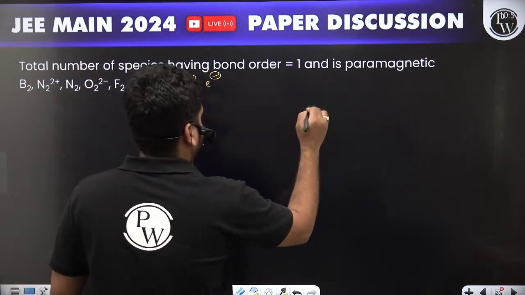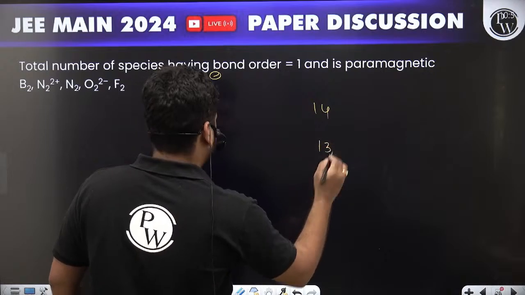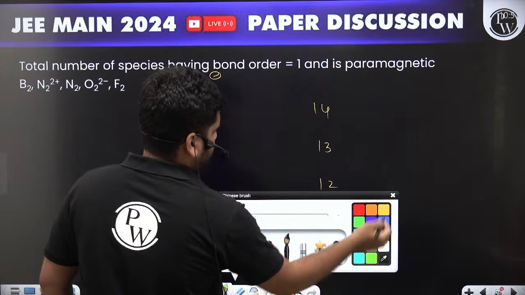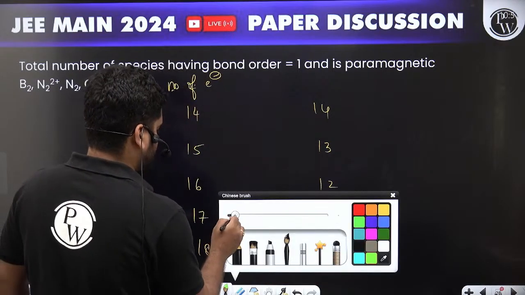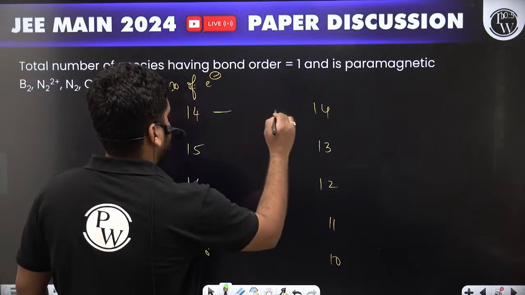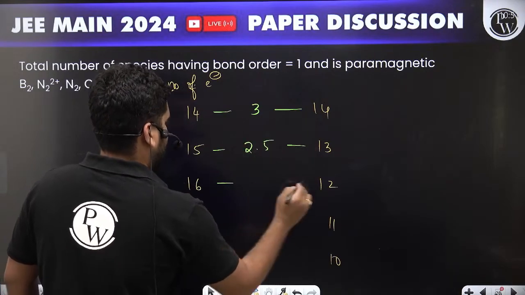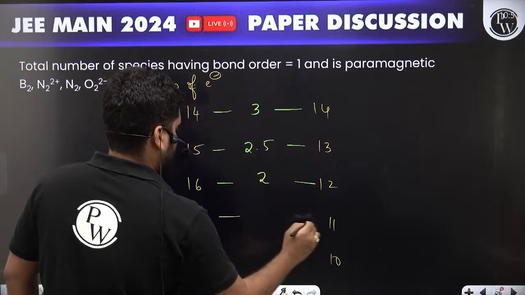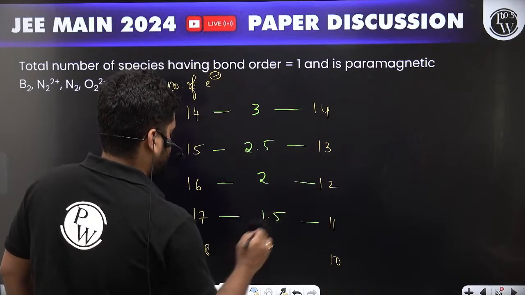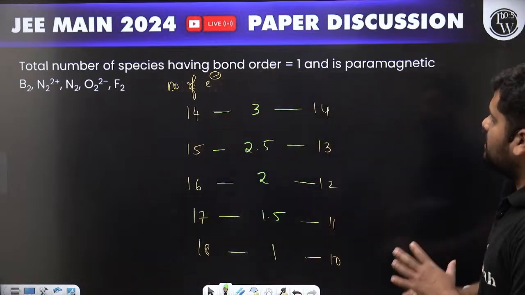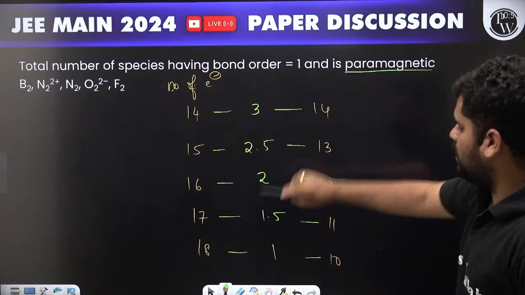And 14, 13, 12, 11 and 10. Now this is also with respect to the number of electrons. Now just check the bond order. In these cases bond order is 3, 2.5, 2, 1.5, and here the bond order is 1. Okay, right? So the one which is paramagnetic and bond order is equal to 1.